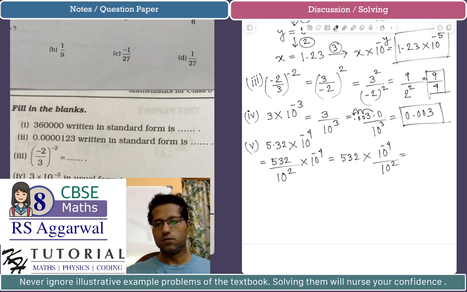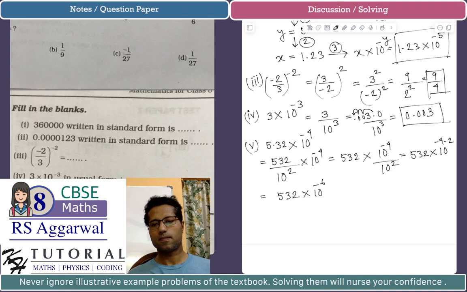So this is equal to 532 multiplied by 10 to the power minus 4 minus 2, which is 532 multiplied by 10 to the power minus 6.